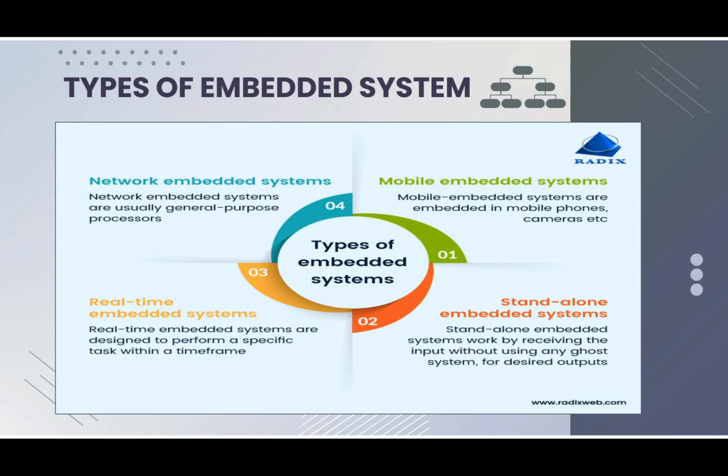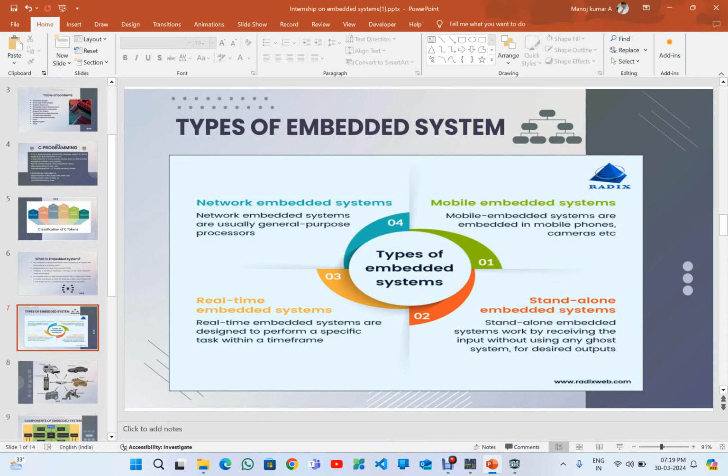Standalone embedded systems work by receiving the input without using any host system for the desired output. Real-time embedded systems are designed to perform a specific task within a time frame. Network embedded systems are usually used for general purpose processors.